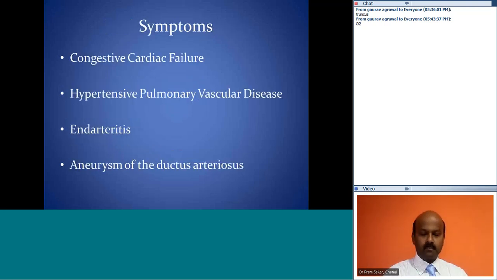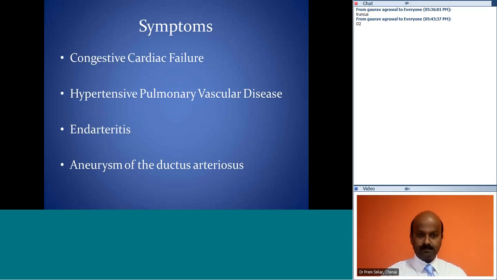Now, moving on to the symptoms of patent ductus arteriosus. The symptom is predominantly due to the left to right shunt across the ductus from the systemic to the pulmonary circulation, and this is determined by 2 major factors.